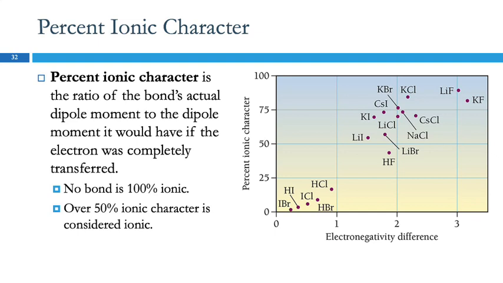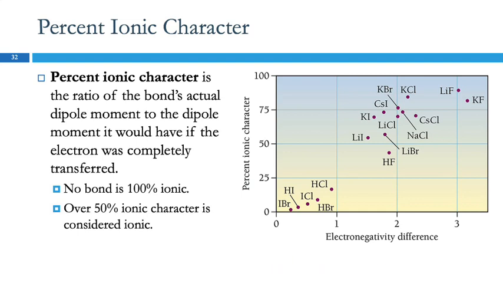We could also look at percent ionic character. That compares the bond's actual dipole moment to the dipole moment it would have if the electron was transferred. And we can graph percent ionic character versus difference in electronegativity.